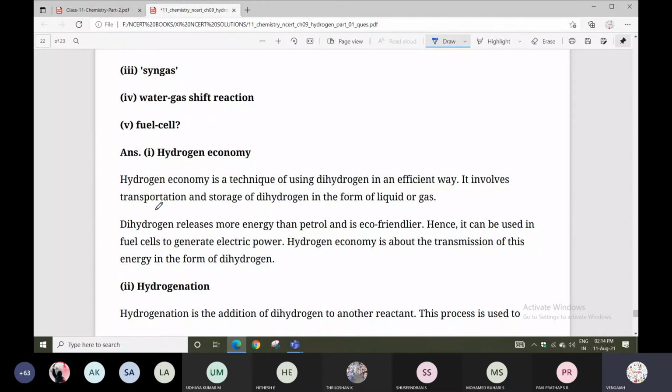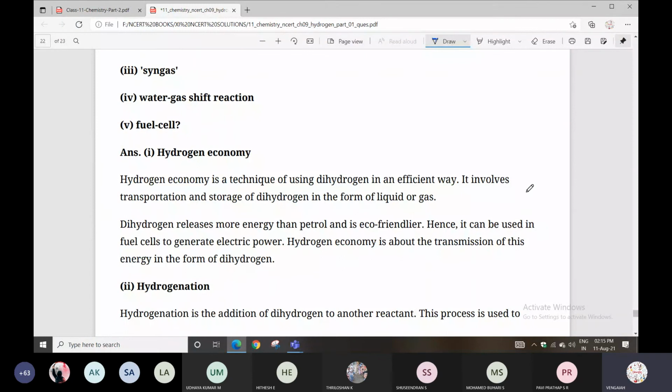It involves transportation and storage of dihydrogen in liquid or gaseous form. Dihydrogen releases more energy than petrol and is eco-friendlier. Hence it can be used in fuel cells to generate electric power. Hydrogen economy is about the transmission of energy in the form of dihydrogen.